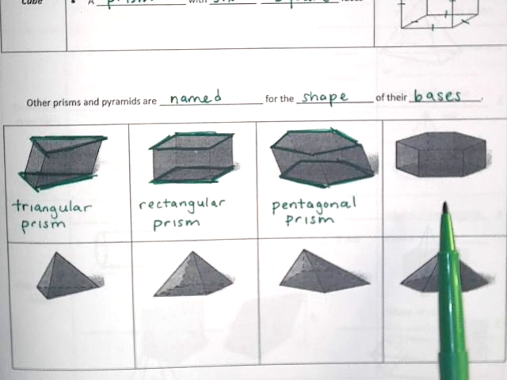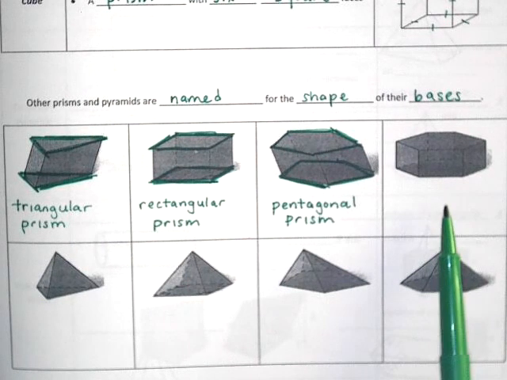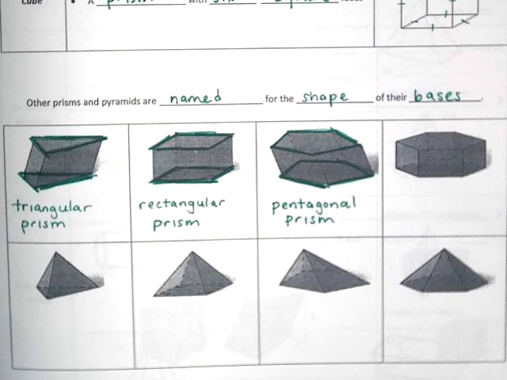This is probably the toughest one, and I would say that it's tough because I might be able to see a couple of different sets of congruent parallel faces. The other thing that we have to remember is that the bases, whatever we determine to be the bases, always have to be connected by parallelogram faces.